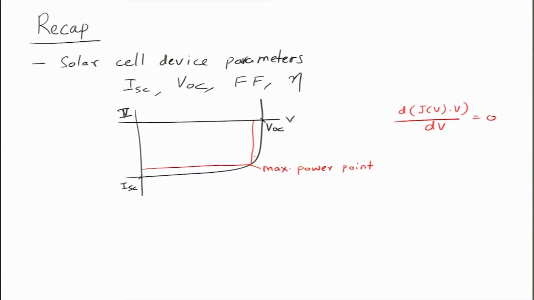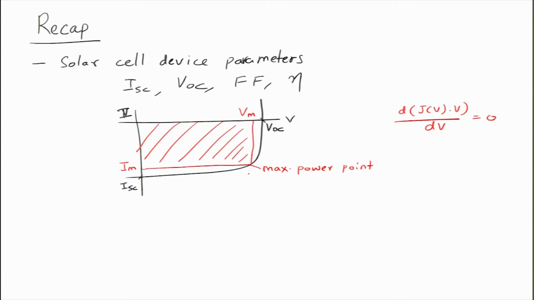Corresponding to this maximum power point, you have Im, which is the maximum current that can be extracted, and Vm, the maximum voltage that can be extracted. So, this is the maximum power that you can draw out of a solar cell, which is within the experimental IV curve.